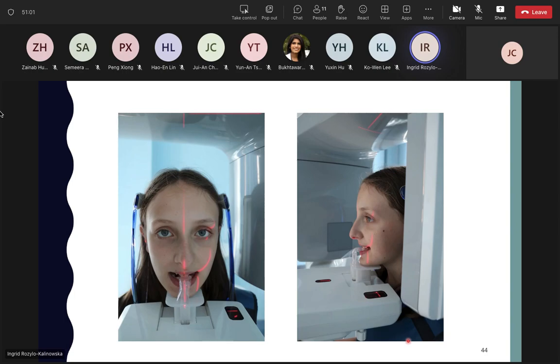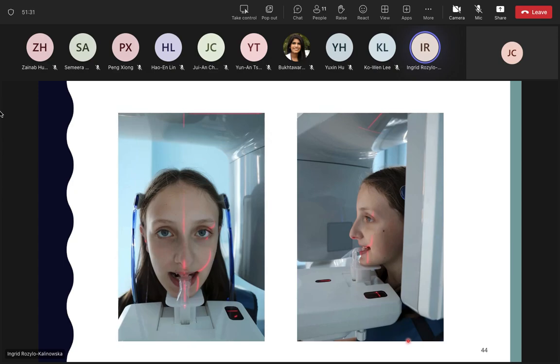And in some newest machines, technology goes even further. So instead of assessing the lines, you assess the image of the patient's head, which is projected on the screen from two cameras, one in front of the patient, one at the side of the patient. And when the position of the head is okay, the machine shows you green light.